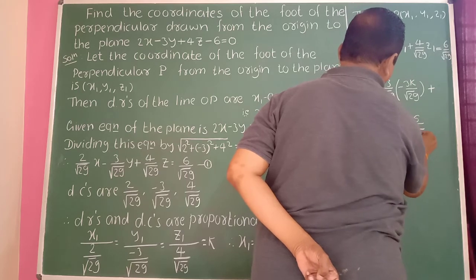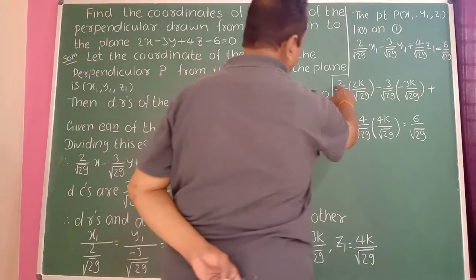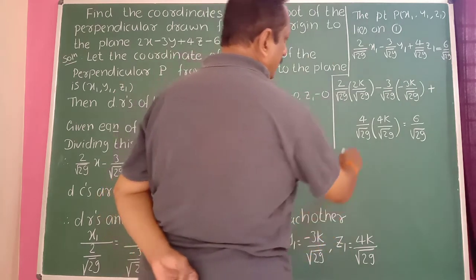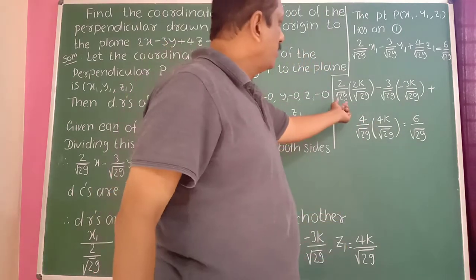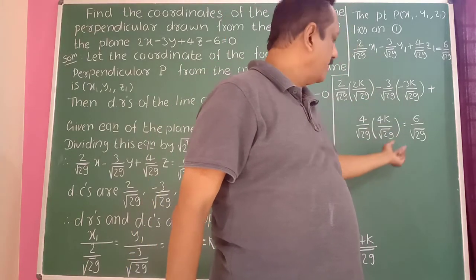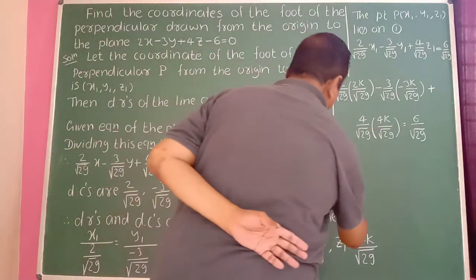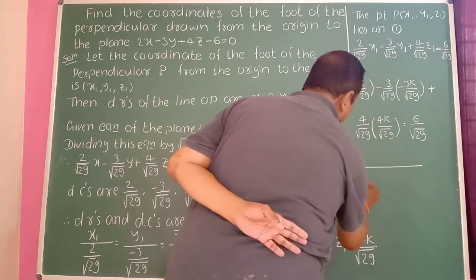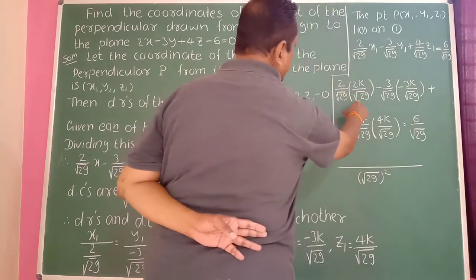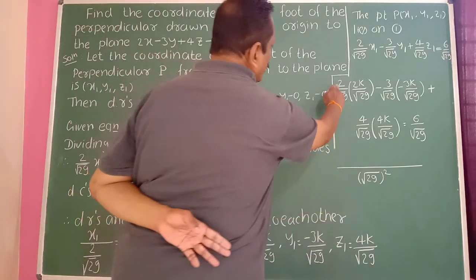Here 2 2s are 4, 4k, 3 3s are 9, minus into minus is plus, and 4 4s are 16. Root 29 into root 29 is 29, so root of 29 whole square is the LCM.